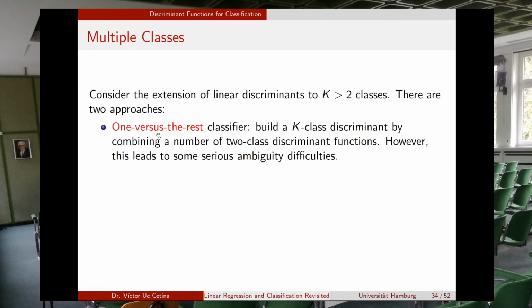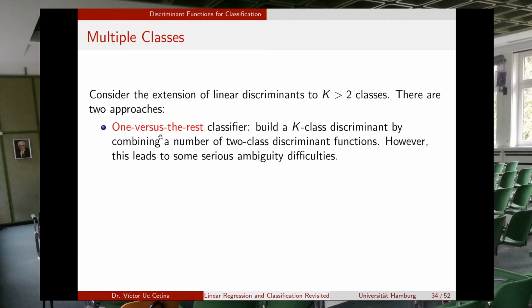For example, you would need to program a classifier that will focus on recognizing zeros. So you will train with positive examples of zeros and negative examples of all the remaining numbers, like 1, 2, 3, 4, up to 9. Then you will need to train a second classifier to detect number ones.